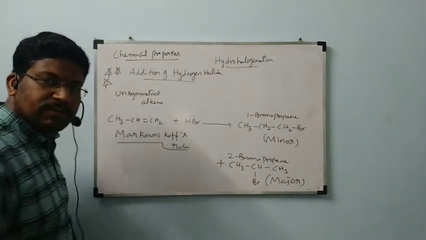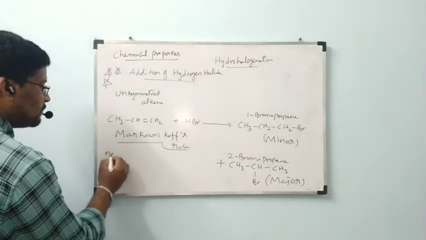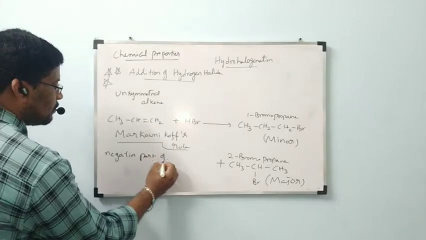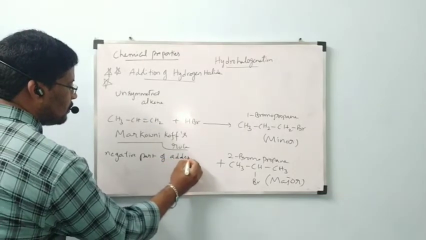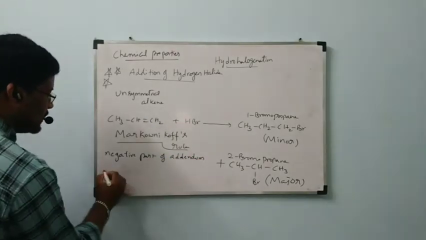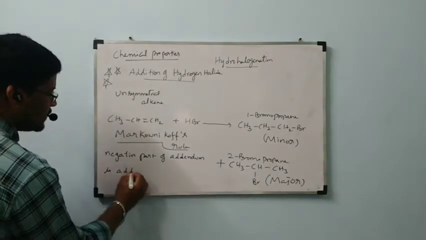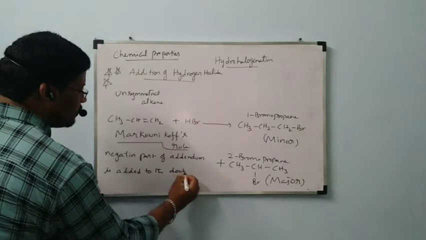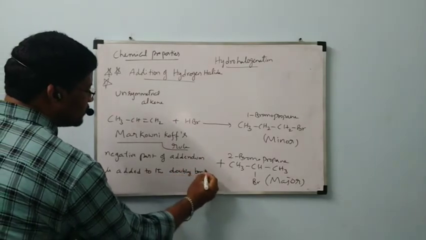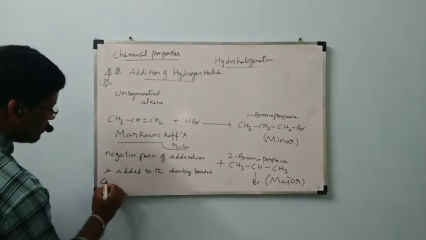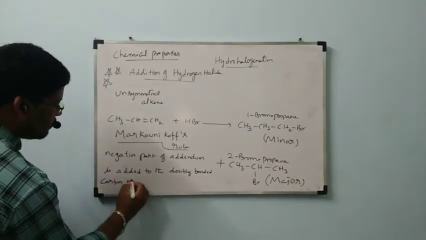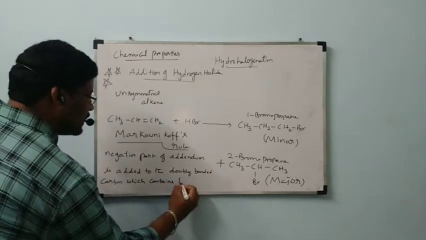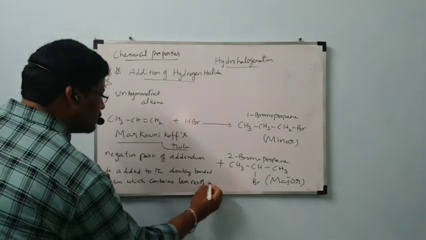The statement of this Markovnikov's rule is: the negative part of the addendum is added to the doubly bonded carbon which contains less number of hydrogens.